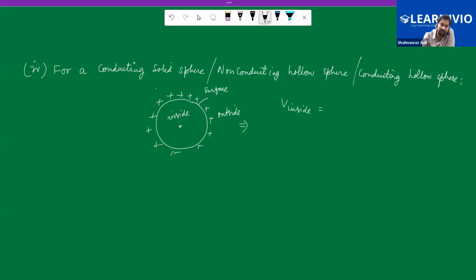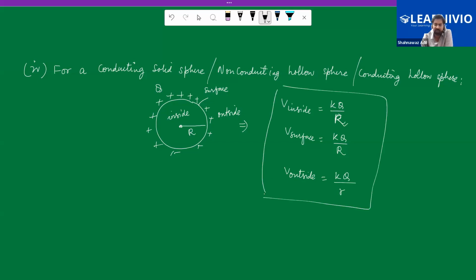Let's say the charge is Q and the radius is capital R. So V inside is KQ by R, V surface is also KQ by R, and V outside is KQ by the distance from the center of the sphere.